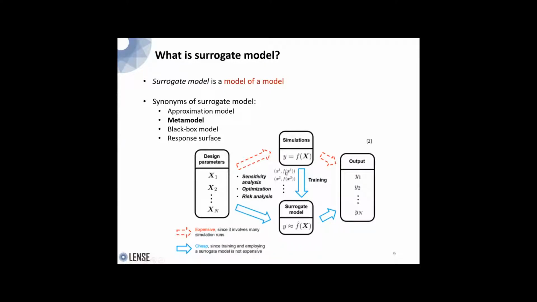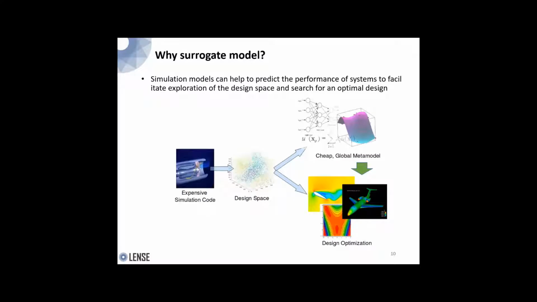You are doing simulation and creating data, and then you are training this surrogate model, a database model, to represent this, so that hopefully it will be in a much simpler form that you can use in more complex operations like optimization.